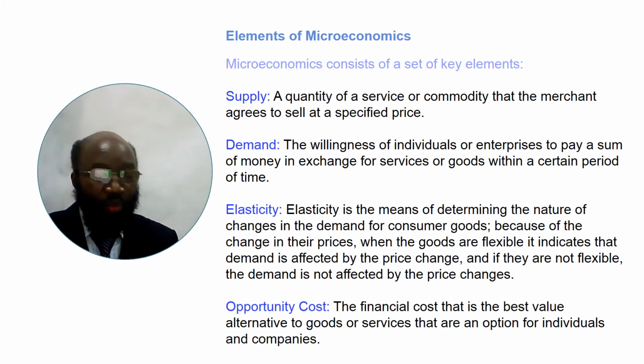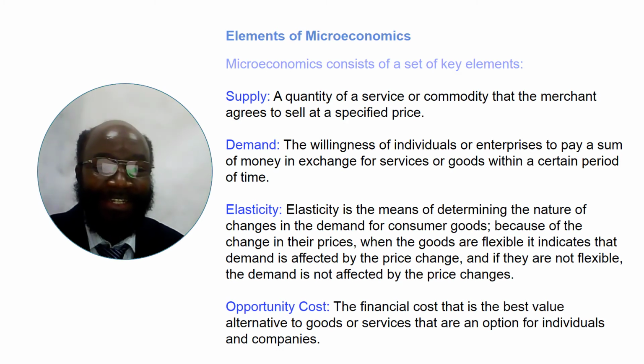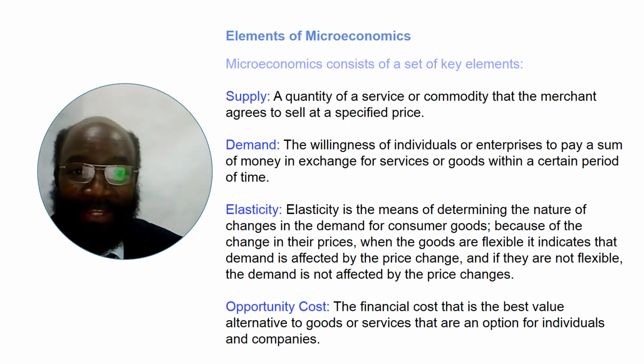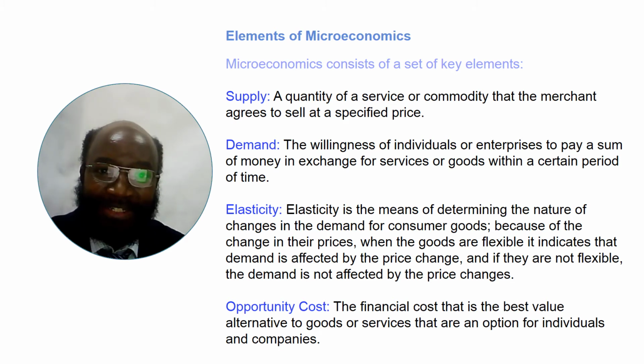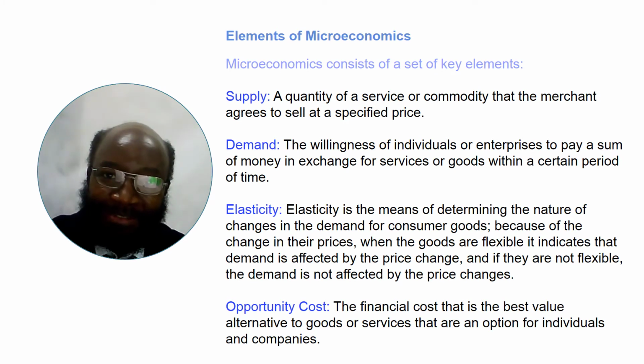Now, what is the main element of microeconomic analysis? Let's enumerate the next. First, that is supply. The second is demand. And we know carefully that one of the very important elements in microeconomic analysis is the market.